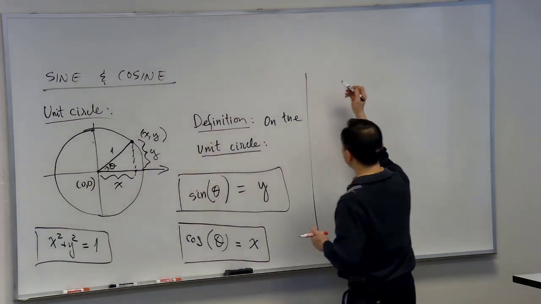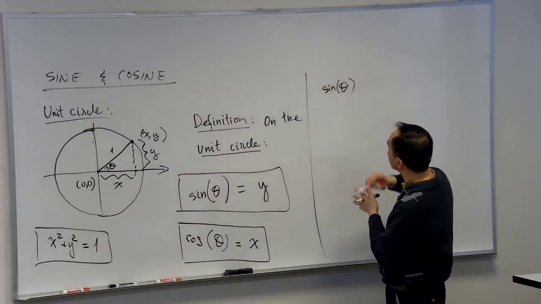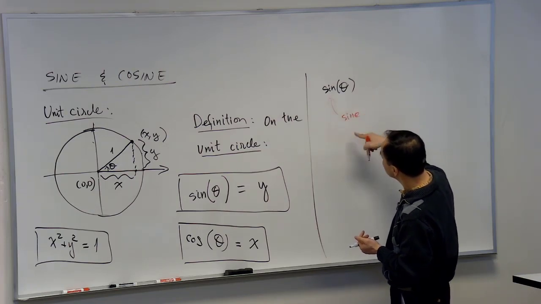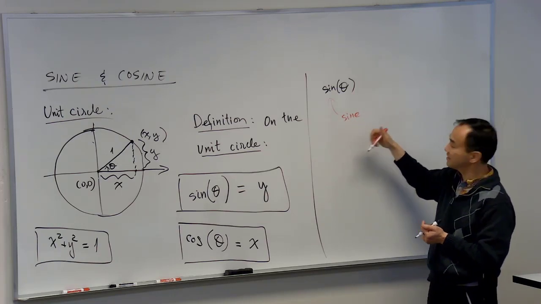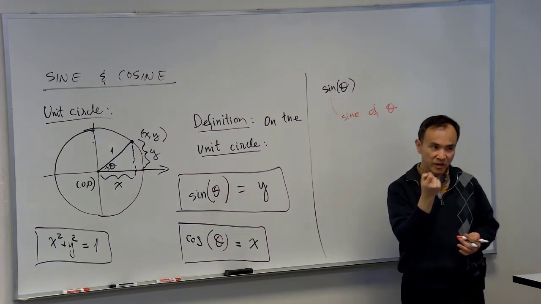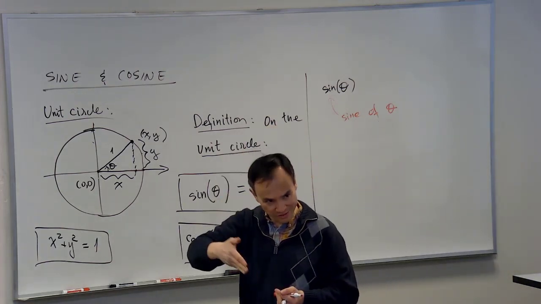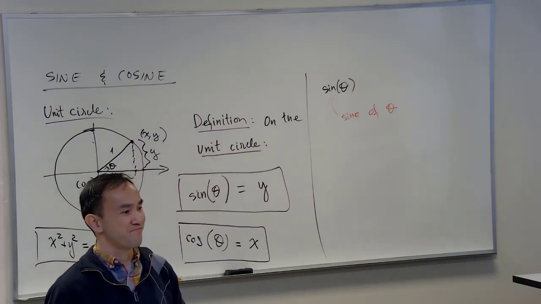So when you see this symbol over here, this is how you read it. Sine, and this is how we write that conventionally right here. Sine, S-I-N-E, like that. Sine of angle theta. It refers to a value, and that value means the vertical coordinate of the terminal point on the unit circle.